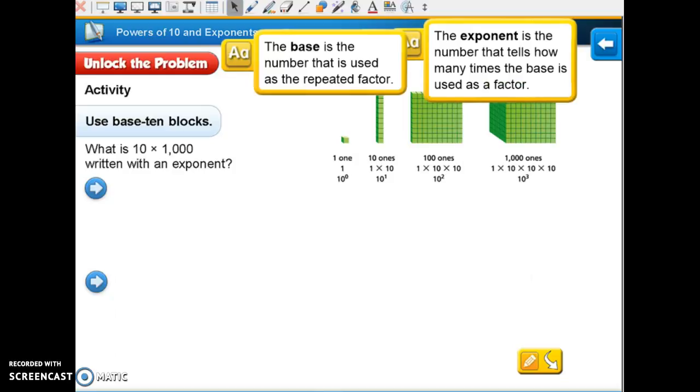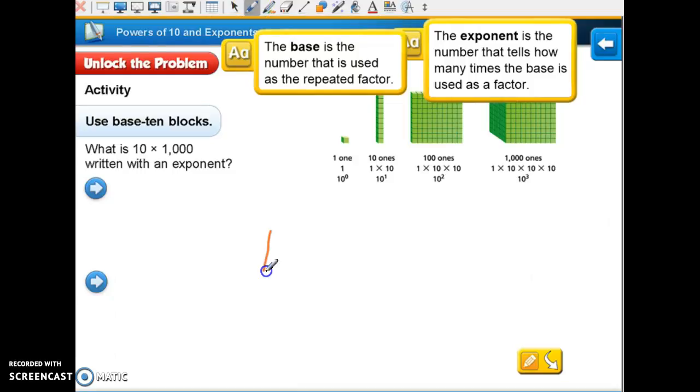Here we go. We're going to look at this vocabulary. A base is a number that is used as a repeated factor. In other words, 10 times 10 times 10 times 10, that's the repeated factor. An exponent is the number that tells how many times the base is used as a factor.